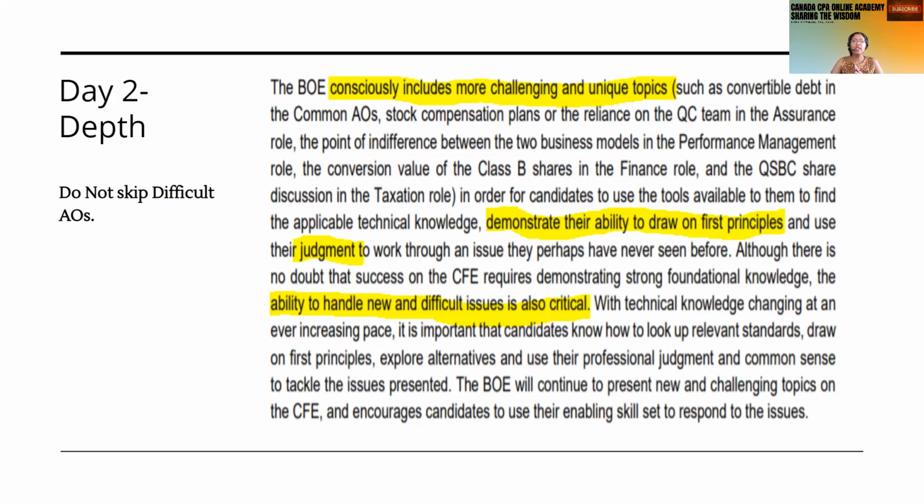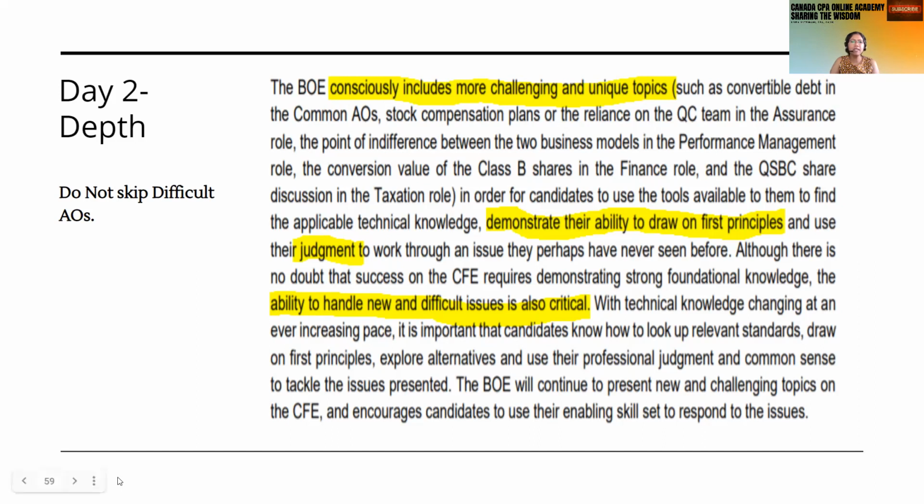So focus on that, don't panic, and remember that you will be solving the most repetitive AOs to a great extent, but you should be able to attempt these difficult AOs to the best of your ability.